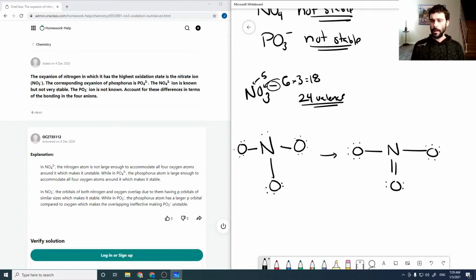And so now the octet is satisfied everywhere. We've got a delta negative here, a delta negative here, and a delta positive. The total charge will be -1, and our octet rule is satisfied everywhere.